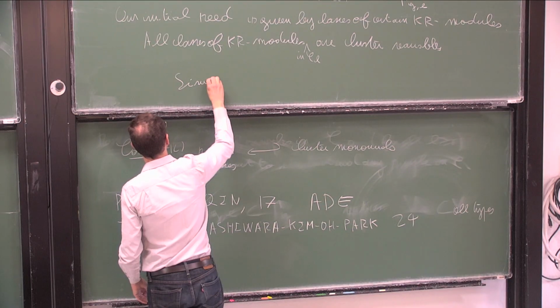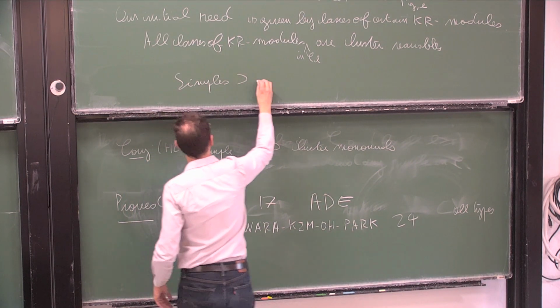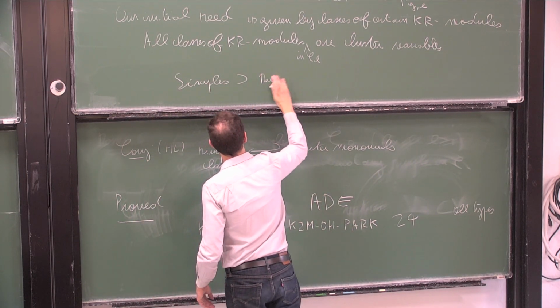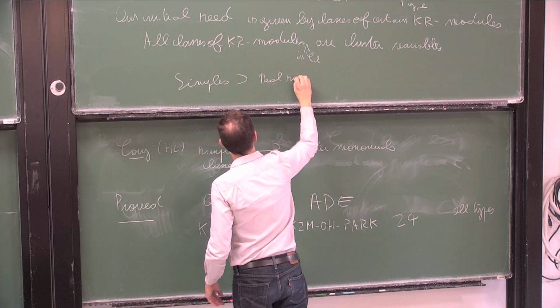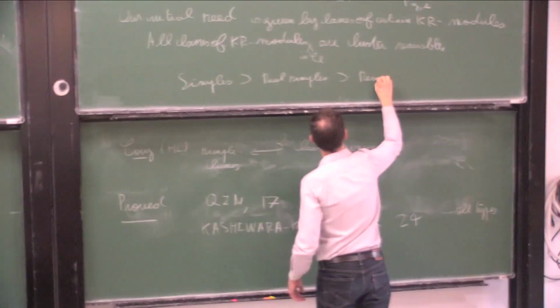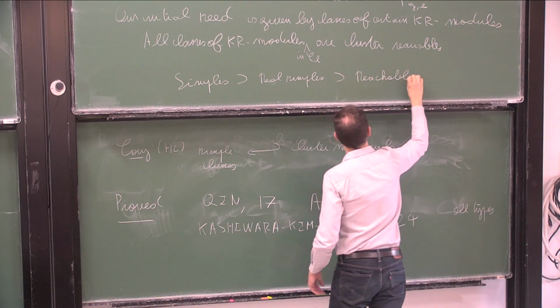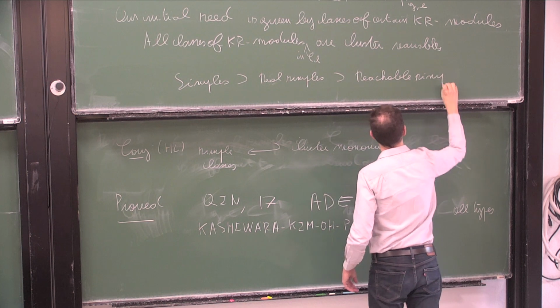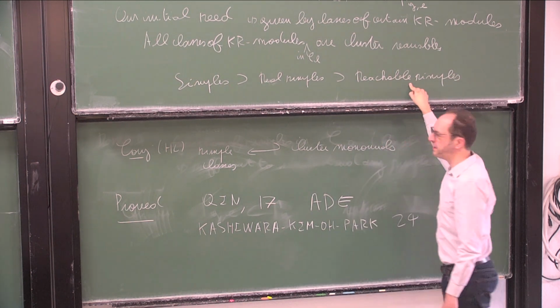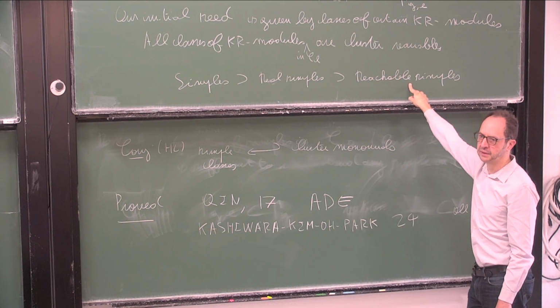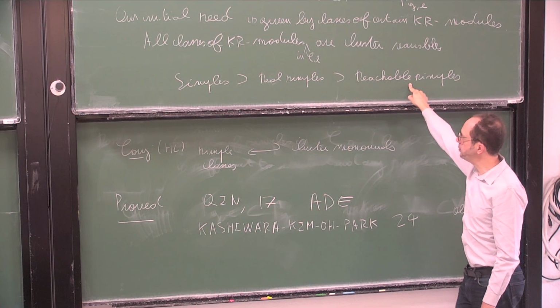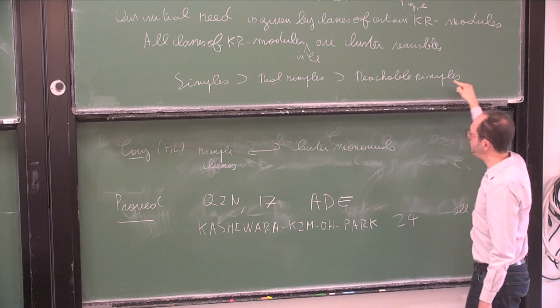You have simples, which contain real simples, and which contain what we call reachable, meaning that they correspond to a cluster monomial.